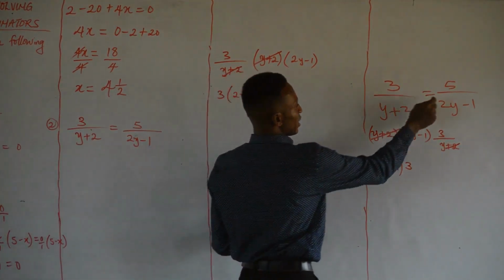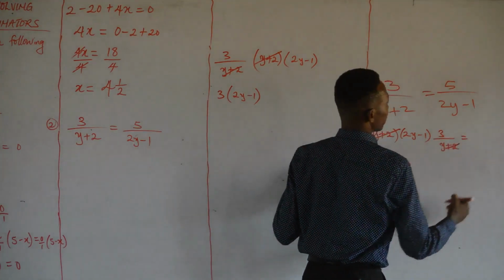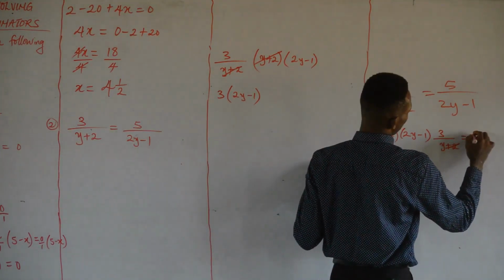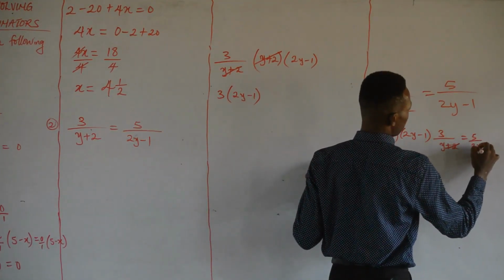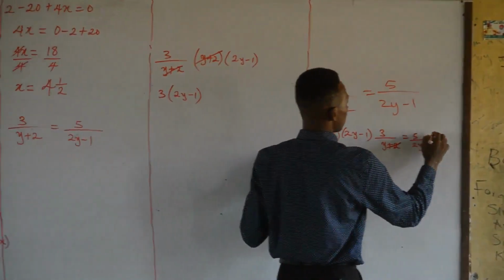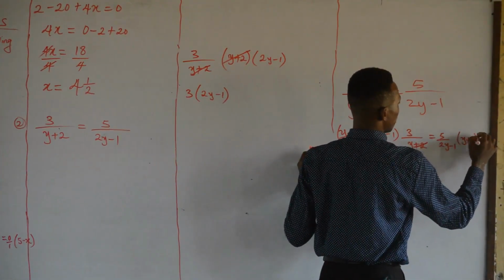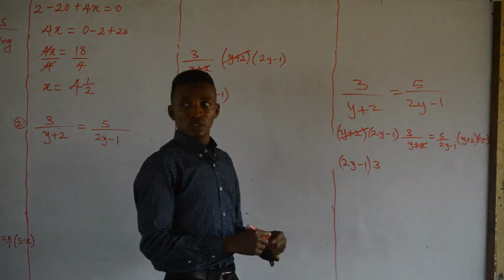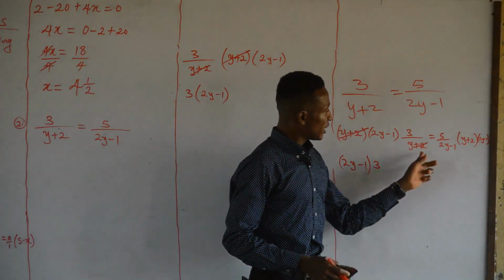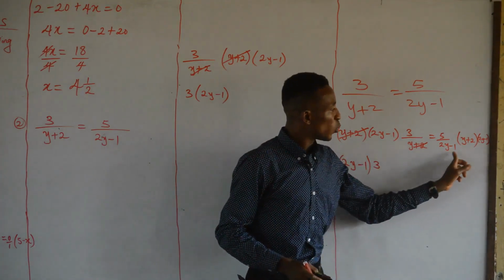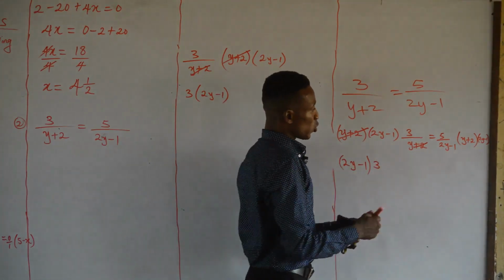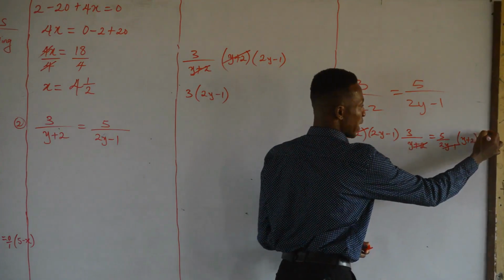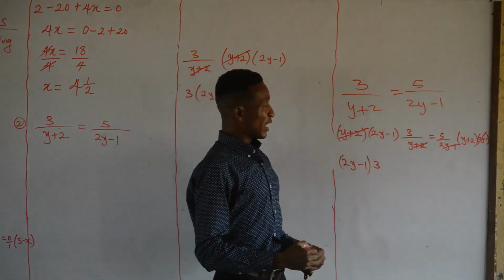Now, taking the other right hand side. For the right hand side, we have 5 over 2y minus 1 into brackets y plus 2 and 2y minus 1. So what we just need to do here is this. The same way we have cancelled out what is common here, 2y minus 1, 2y minus 1, because they are the same thing.